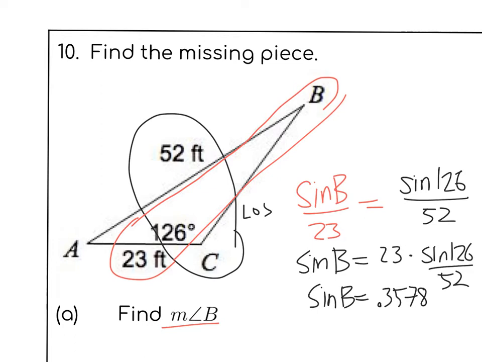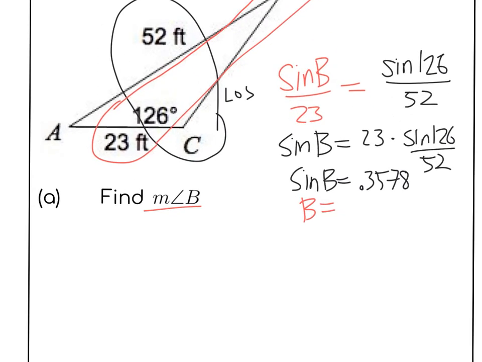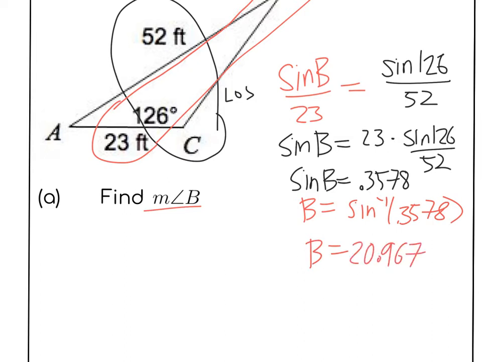We know to get the angle by itself, we have to use inverse trig. So let us do sine inverse of 0.3578. And when I do that, we end up with B equal to 20.9672 degrees.